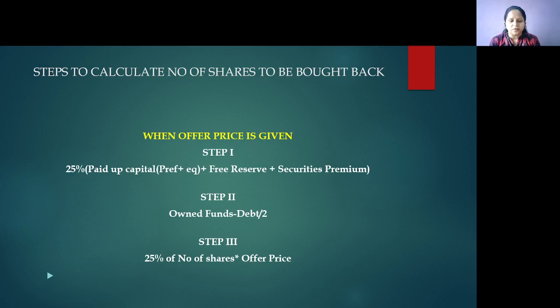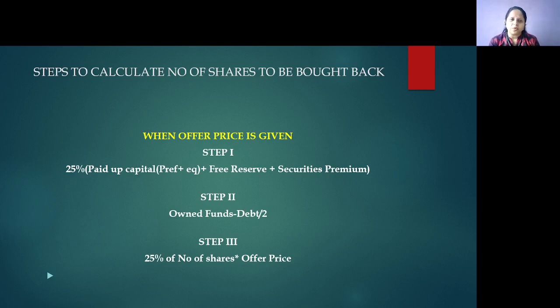So let me tell you first what these levels are. The first level is where the offer price and the number of shares are both given. So it's very simple, where you know how many shares you want to buy back and at what price, so you can directly start solving the question. When it comes to level 2, they give you the offer price, but they do not give you the number of shares.